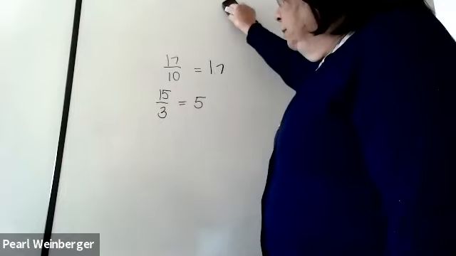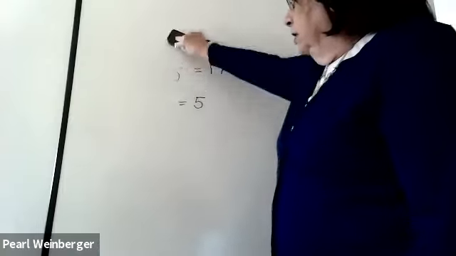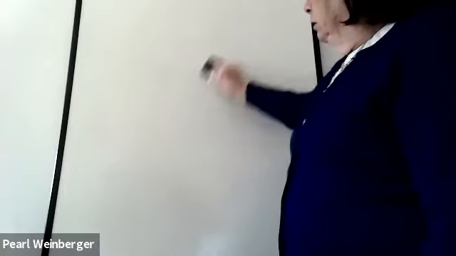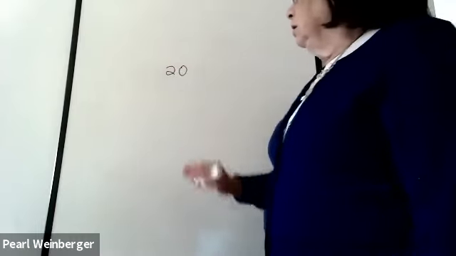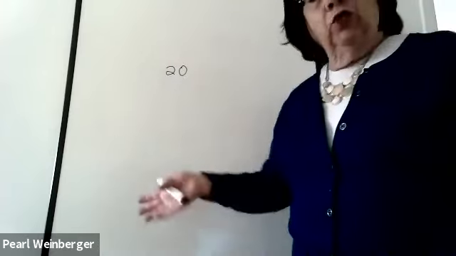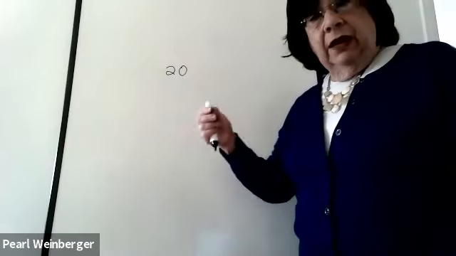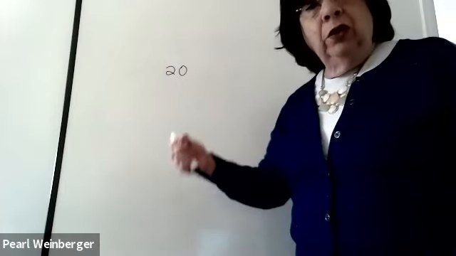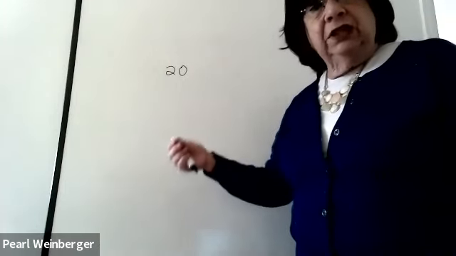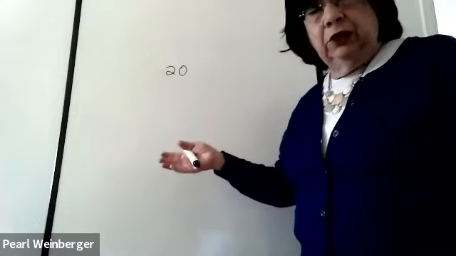What is factoring then? Factoring is a little bit different concept. I start with a number. Let's say I start with the number 20. I don't tell you what to divide it by. When I am factoring, I'm trying to find what were the original numbers that were multiplied to give me 20.